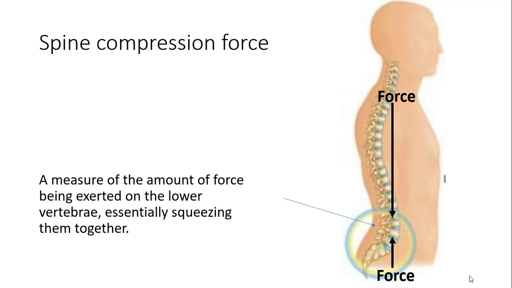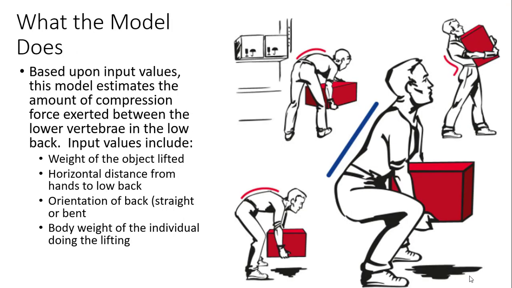So what we're going to do is try to measure the amount of compression force that's exerted when an individual lifts an object. Our model takes four input values into consideration, and those input values are used to come up with a number that we can assign to that compression force.